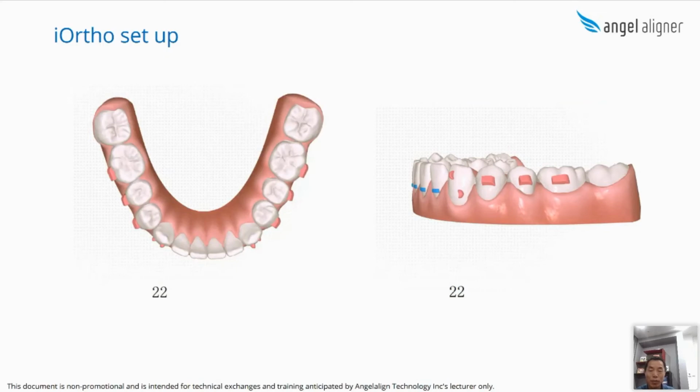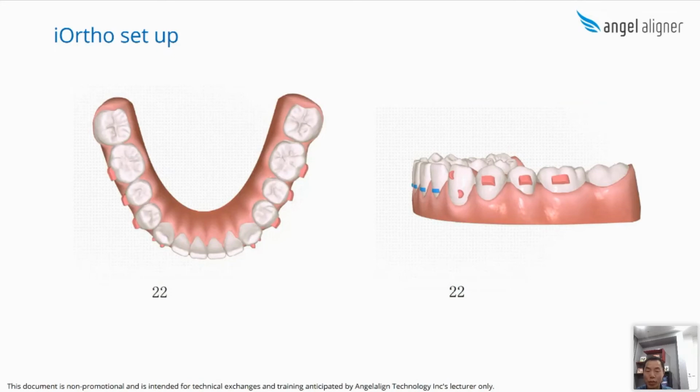The features include the fast movement derotation and cutout. The rotation at each stage is at least 4 times larger than Euro. That means the tooth will rotate 4 to 10 degrees at one stage, but in the Eurostaging, the rotation is 1 to 2 degrees. So it's much faster than the Eurostaging.